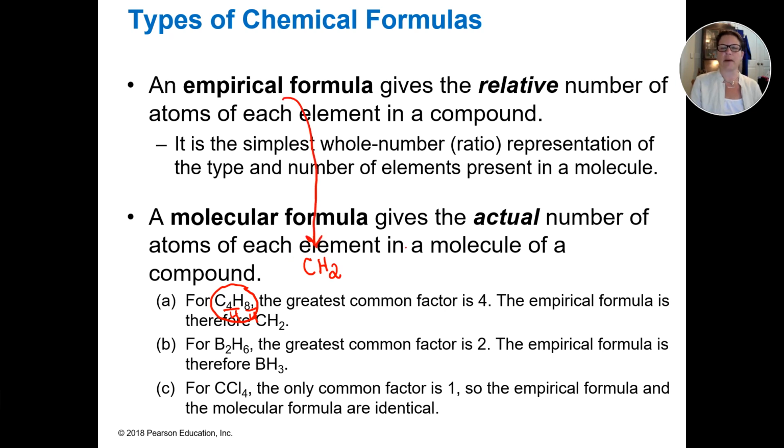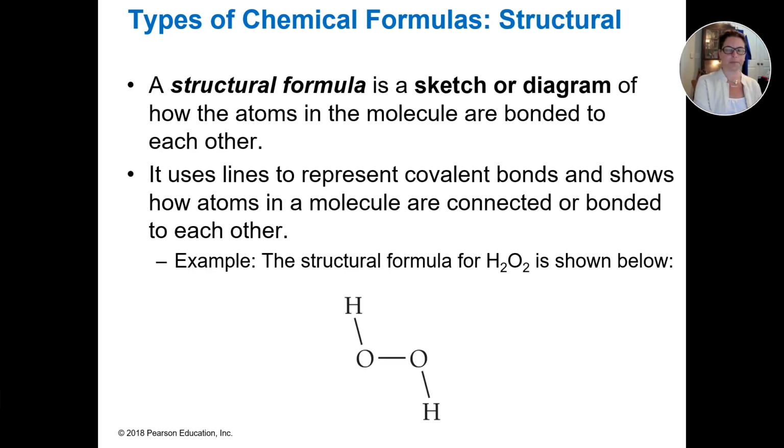So if that's my empirical, then the molecular is going to be some multiplier of that. In this case, it was CH2 times 4 to get the molecular, and then the 4 is distributed. So I could say C4H8, I could say C2H4, I could say C6H12, okay? So these are just multipliers of the empirical.